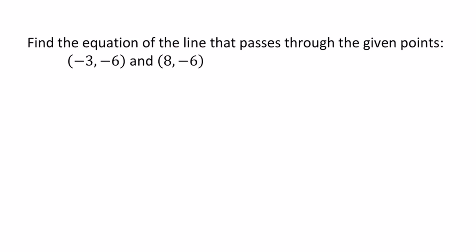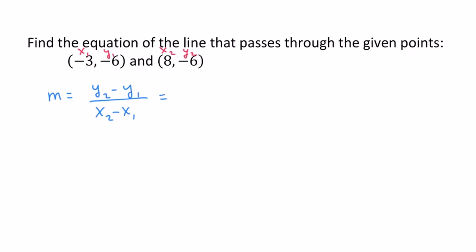Find the equation of the line that passes through the given points, negative 3, negative 6, and 8, negative 6. So let's get the slope first. y2 minus y1 over x2 minus x1. So we have x1, y1, x2, y2, and plug it in.